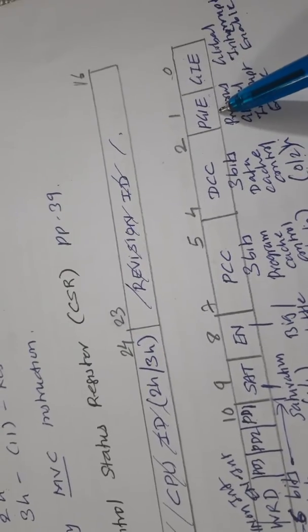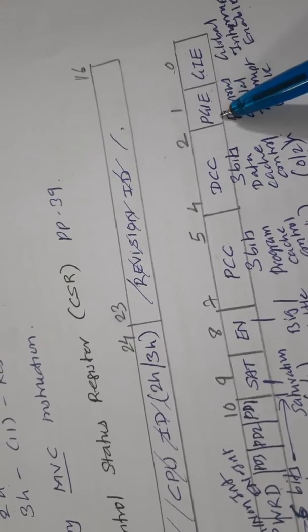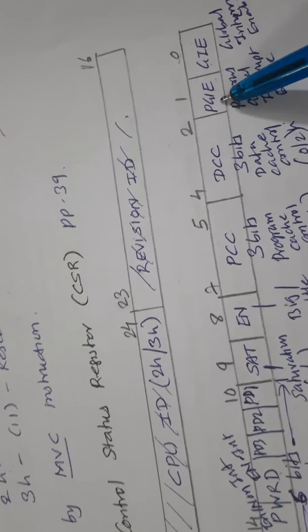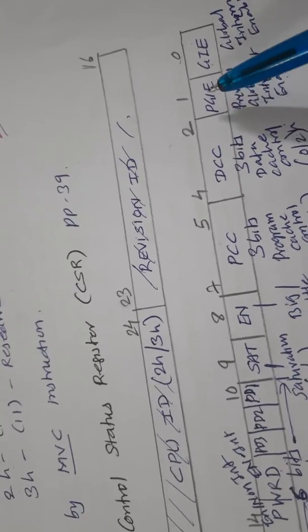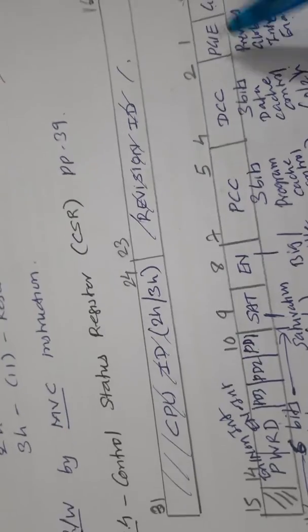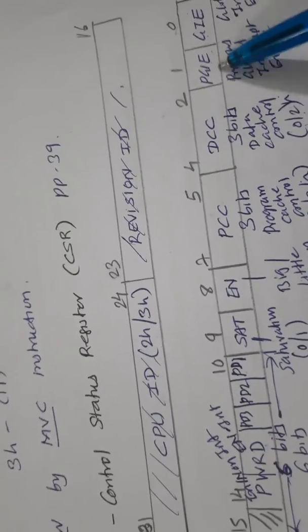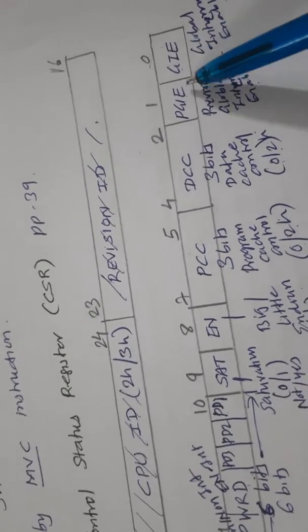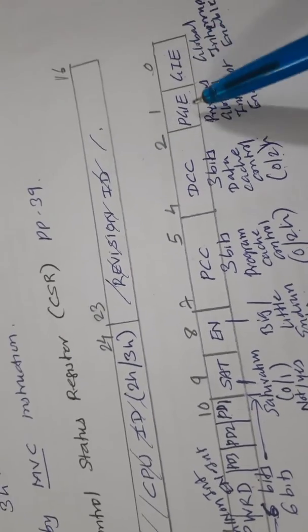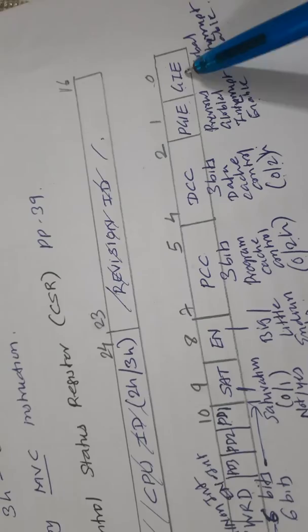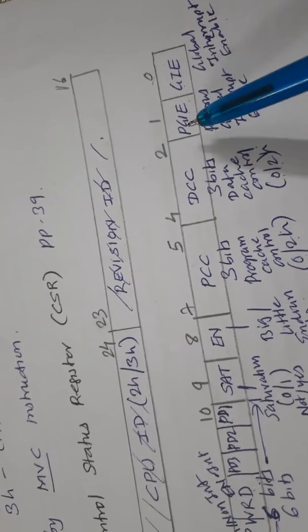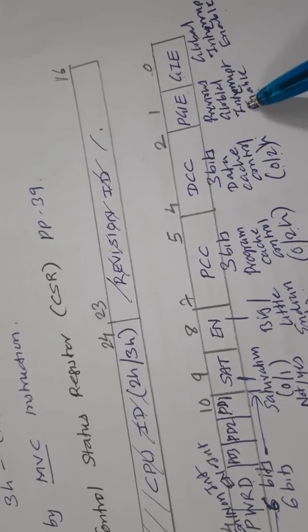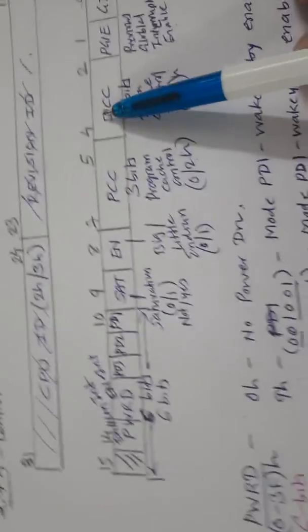When any interrupt occurs, this GIE bit is copied over here and preserved for some purposes. The detailed usage is explained in the interrupt instructions, so right now I am not going into detail, but this is required. So GIE is global interrupt enable, and PGIE is previously written global interrupt enable.